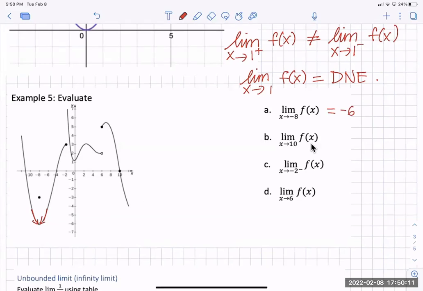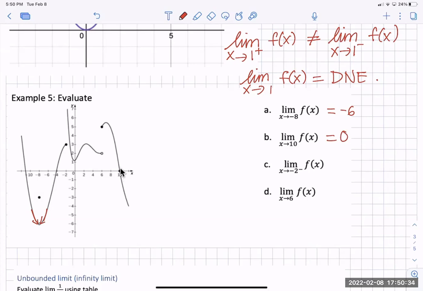Okay. And then how about the limit as x approaches 10? 10 is right here, okay? I have the graph from the left and the graph from the right approaching the same value, and that value is going to be 0 for my y. You can also think of the limit as the y value.